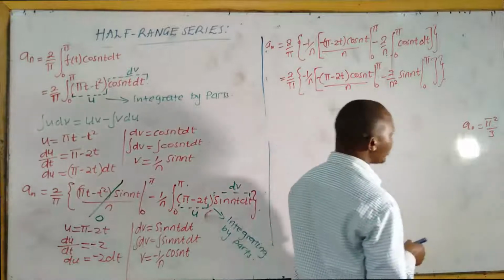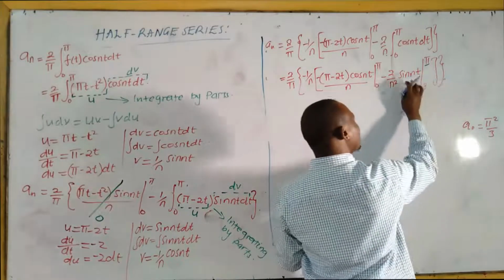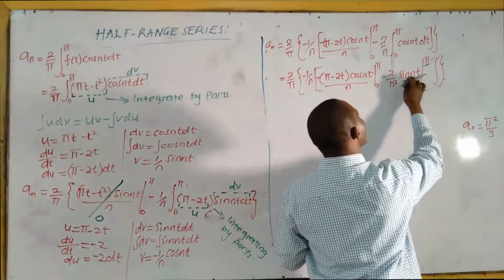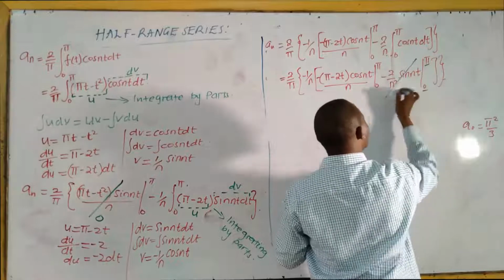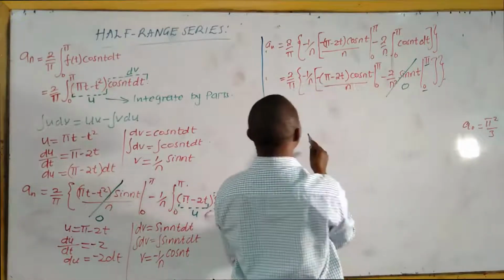We have already said many times before, you substitute the upper limit, sin n pi is 0, substitute the lower limit, sin 0 is 0, so that one is 0. You only have this to worry about.